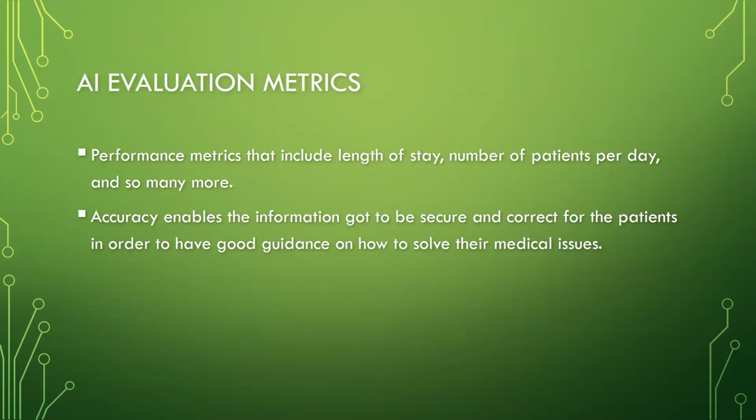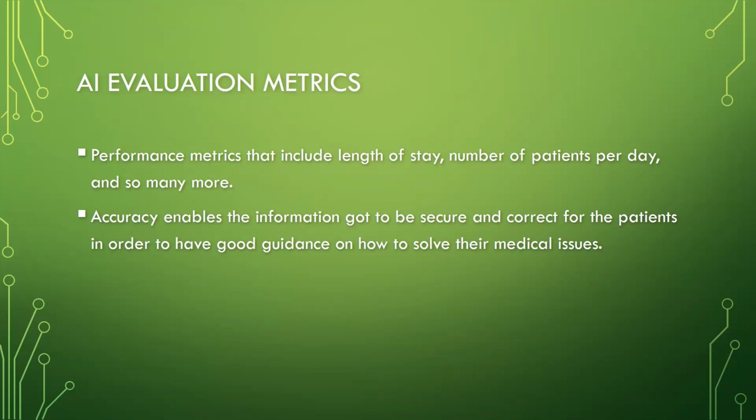Length of stay is how long the patient stays in a hospital, admitted and so on, but that was just an example, and I won't really use it inside my system. For number of patients per day, yes, I have to keep track of the records per day. And there are very many others, but okay.